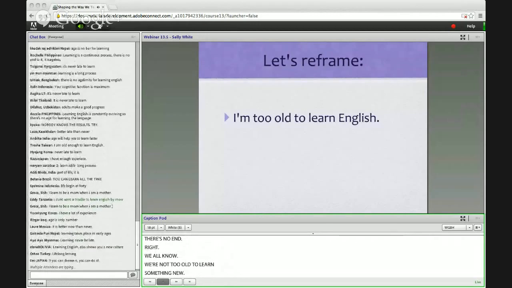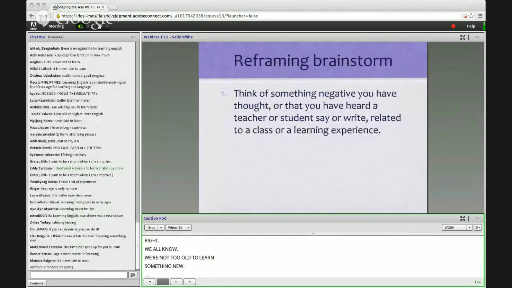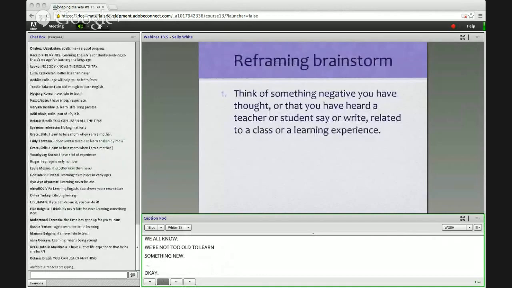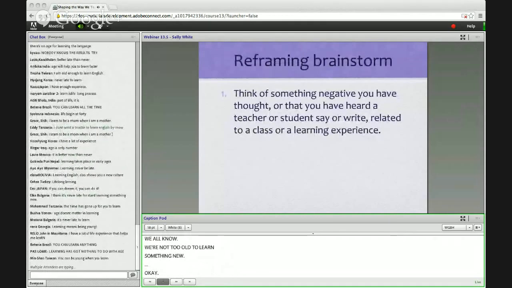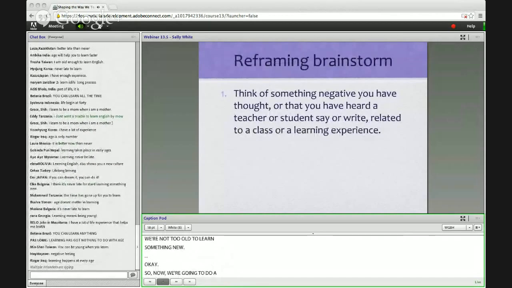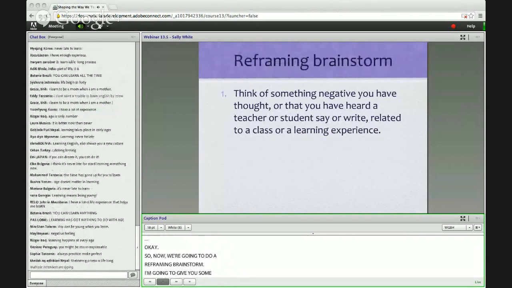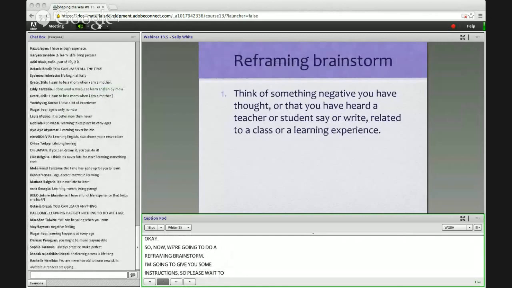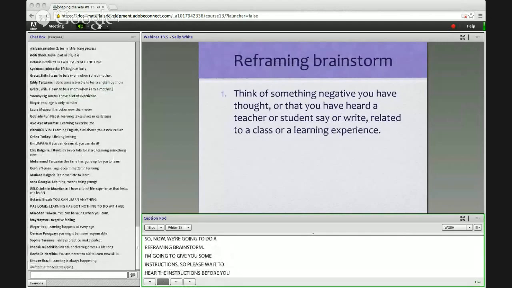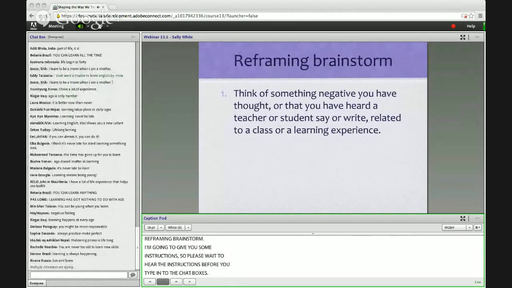Okay, so now we're going to do a reframing brainstorm. I'm going to give you some instructions, so please wait to hear the instructions before you type into the chat boxes. This activity will require some patience.